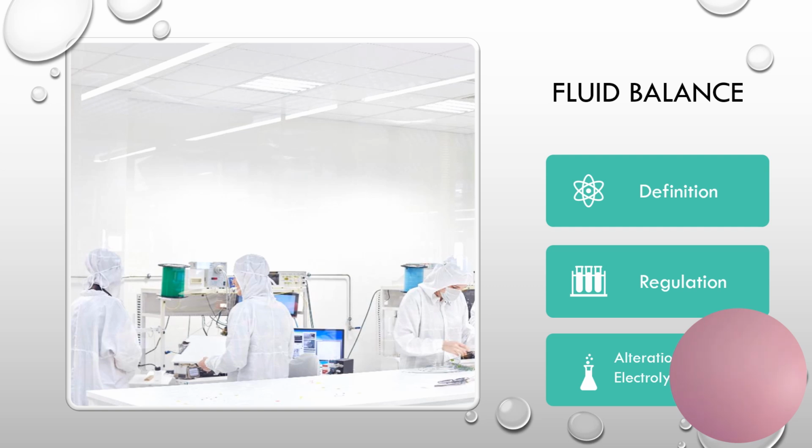Output is the removal of fluid and electrolytes from the body through urine, minimal output through feces unless the client has diarrhea, through the skin or diaphoresis, and the lungs through water vapor. Now we have what we call insensible water loss.